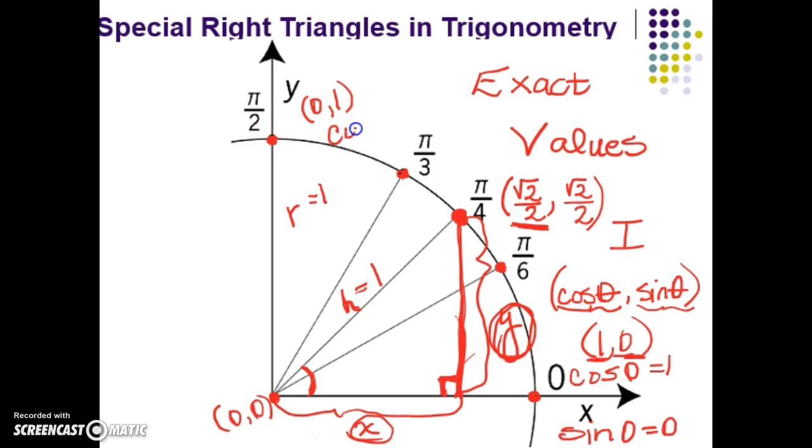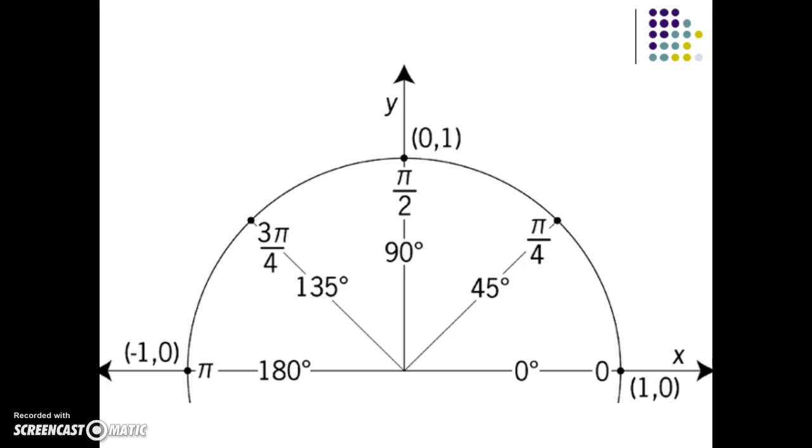That means that the cosine of pi over 2 has to be 0, while the sine of pi over 2 has to be 1. So we can even find the sine and cosine of our quadrantal angles based on being in this circle with radius 1. So that's pretty interesting. We'll look at that a little bit closer in the next lesson.